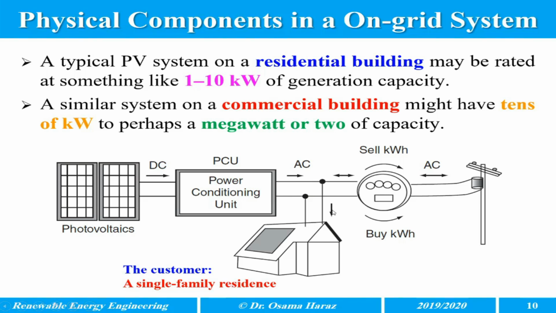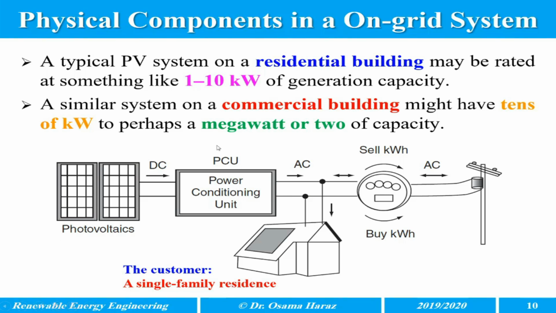In a typical PV system used for residential applications, the rating of this system will be from 1 to 10 kilowatts. For commercial applications, the electric power generated by the PV system can be increased up to 10 kilowatts or up to 1 or 2 megawatts.